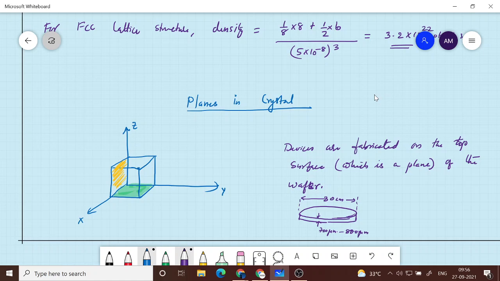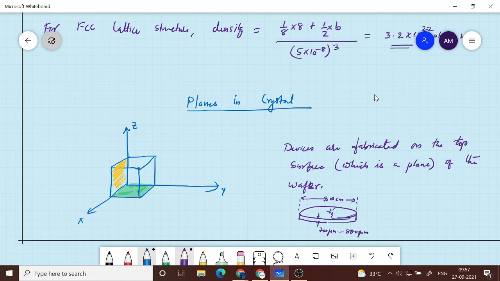So the entire thing is a single crystal, but you can see that the devices that you make, maybe a transistor or something like that, will be made on the top surface. So therefore, which surface it is in the crystal plane we need to know, and that will decide the properties. So you can have multiple surfaces.